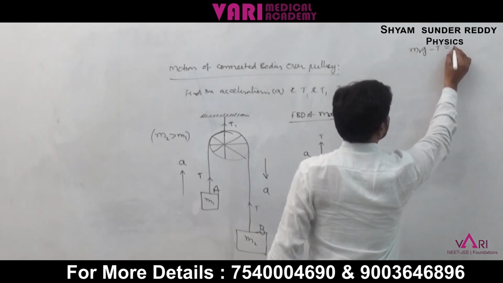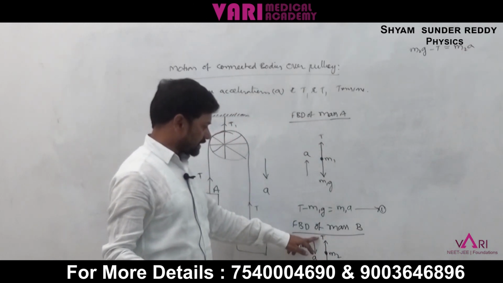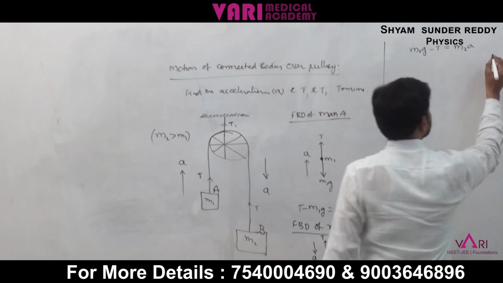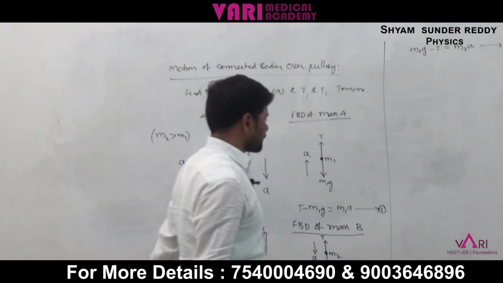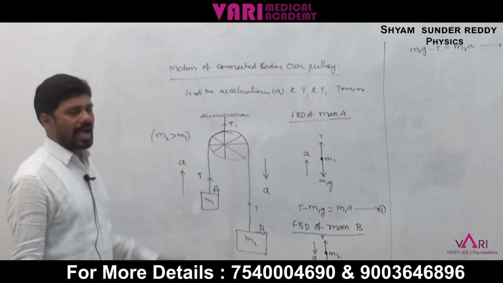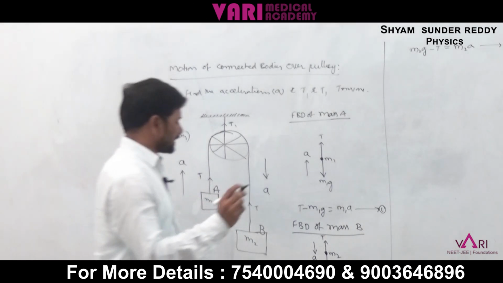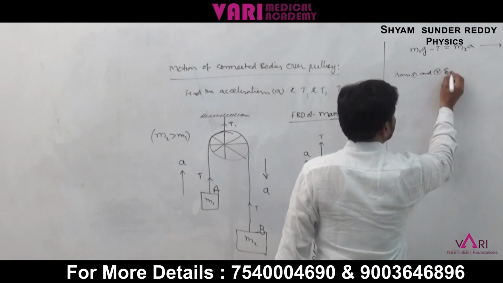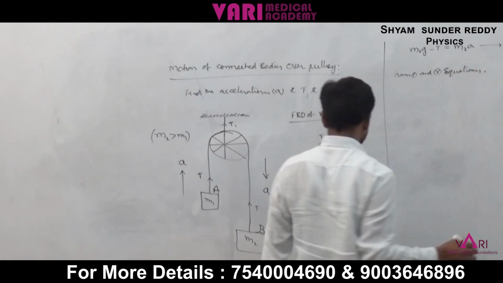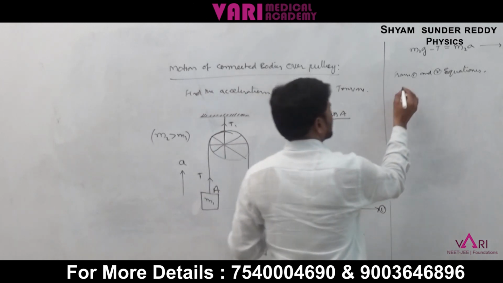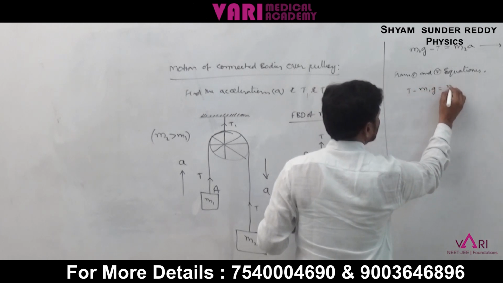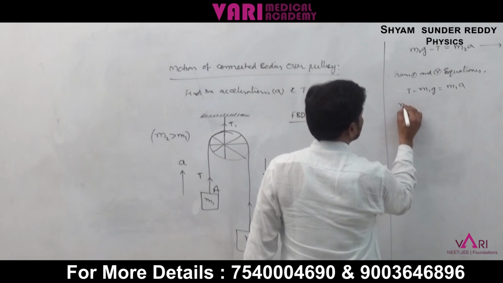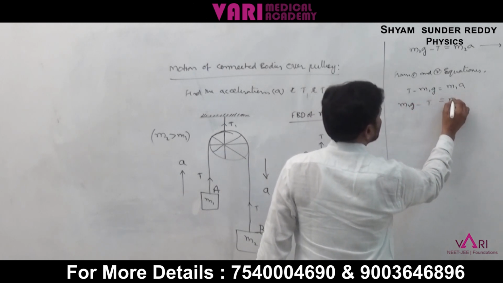This is the second equation, and the first equation is T minus M1g is equal to M1a. From equations 1 and 2, we can easily find the acceleration.